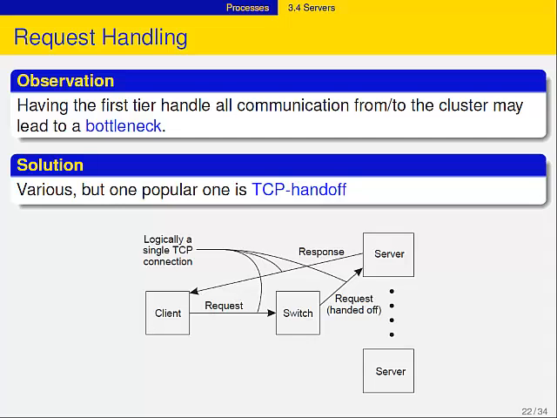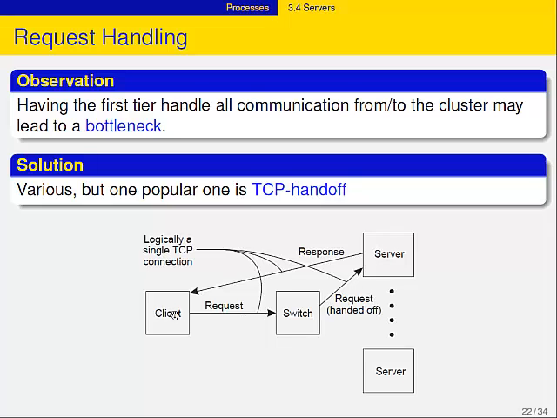Yes. Does it mean that this server over here fakes the address of this switch? Yes, it will have to. It has to spoof that address because otherwise this client is going to be a bit confused, right? Because what it does is really taking over a TCP connection, but not entirely, because the flow continues like this.